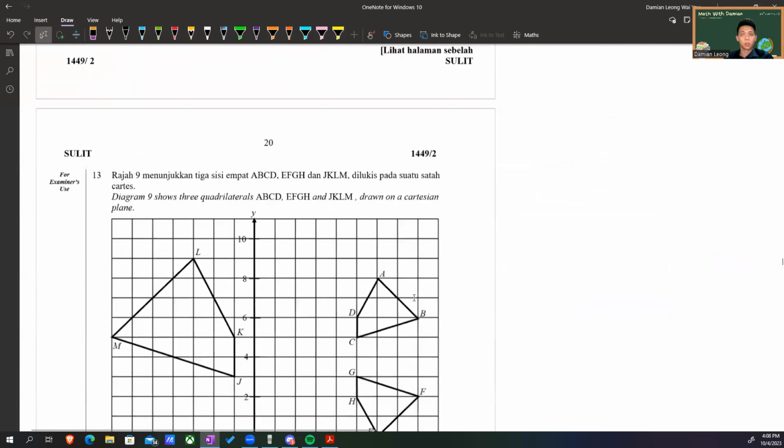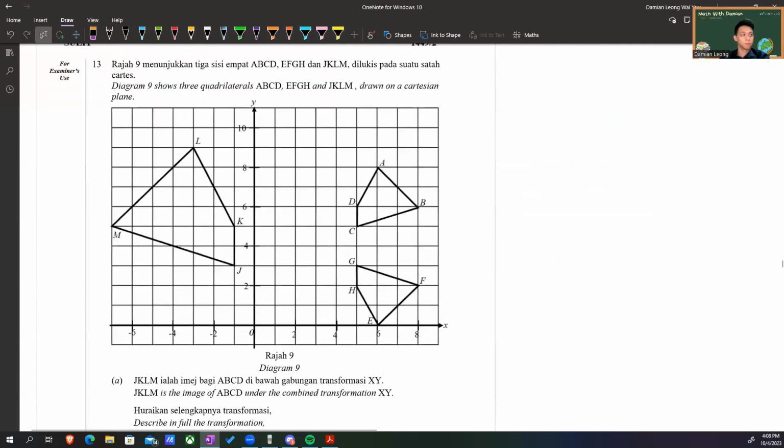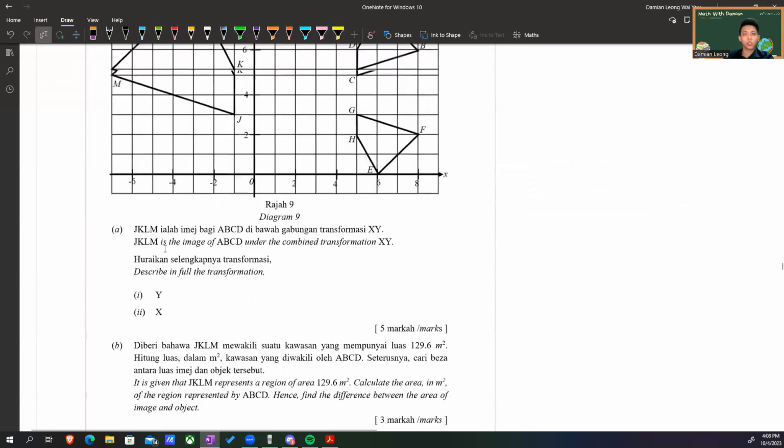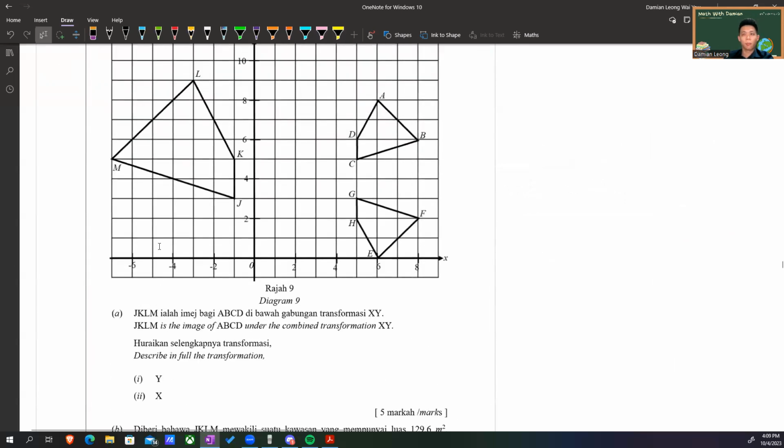Question 13. I have three quadrilaterals here, ABCD, EFGH, JKLM, drawn on the Cartesian plane. JKLM is the image of ABCD under combined transformation XY. JKLM, this one, is the image of this under combined transformation. It means this one should be the one in between.